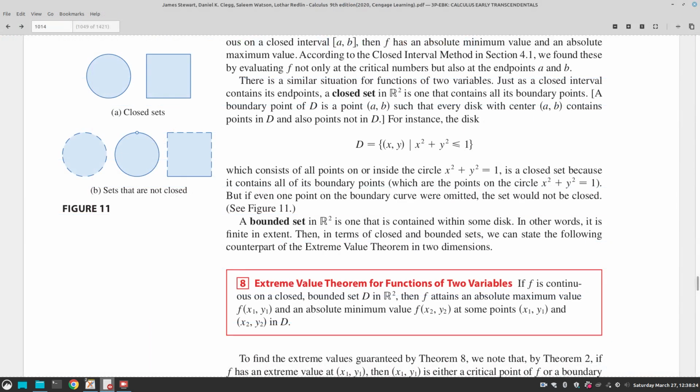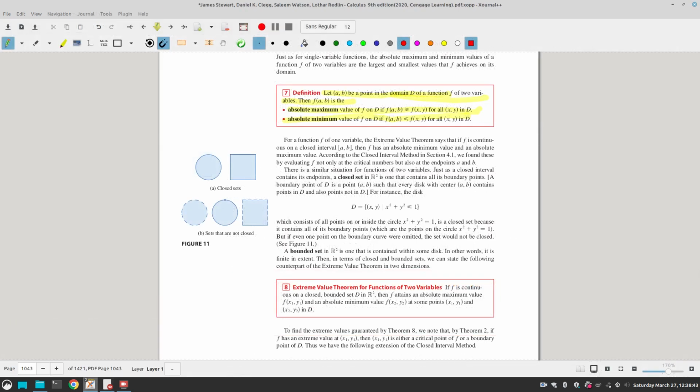And similarly, when you're dealing with functions of two variables, you can have open sets or closed sets inside the domain, right? So an open set is a set that does not contain its endpoints, right?